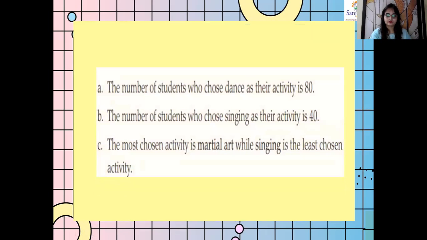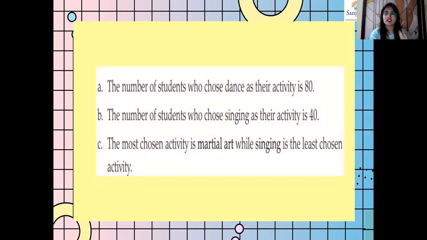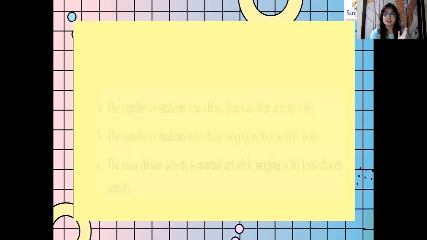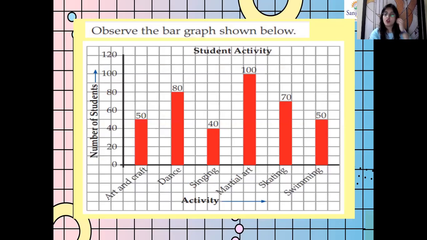Now pay attention here. The number of students who chose dance as their activity is 80. The number of students who chose singing as their activity is 40. The most chosen activity is martial art, while singing is the least chosen activity. 100 students liked martial art, that is the most liked, and the least liked is singing, liked by 40 students.